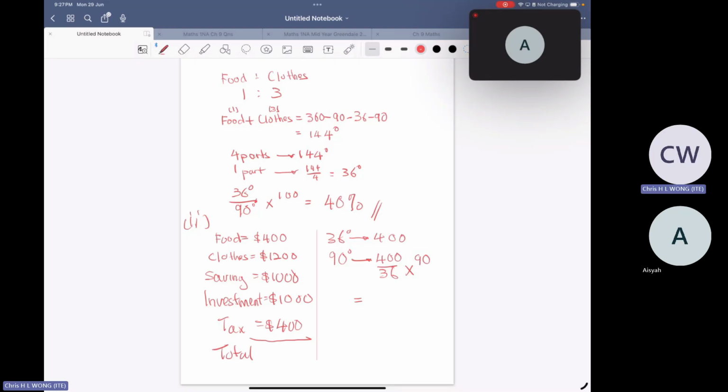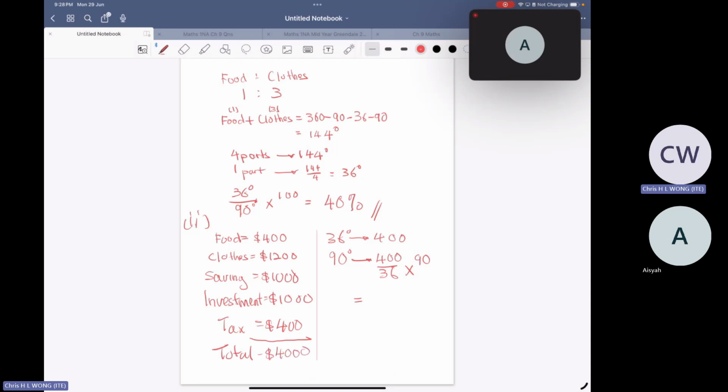So plus the saving plus all this is what she earns every month. So add up together. 1,000, 2,000, 3,000, 3,200, 4,000, right? That's $4,000 total every month.